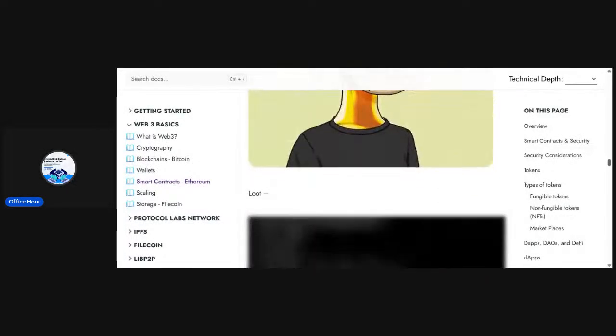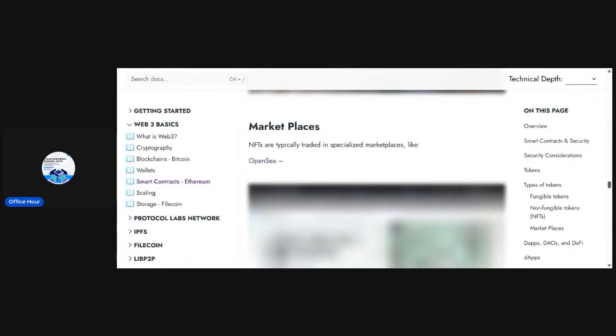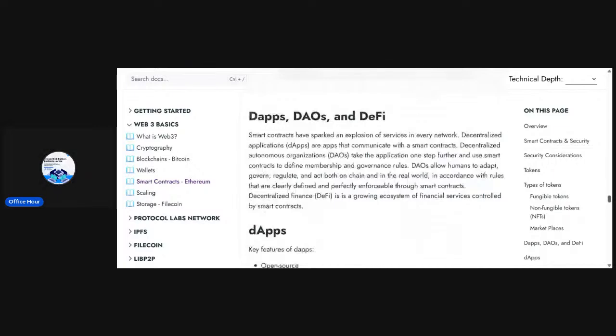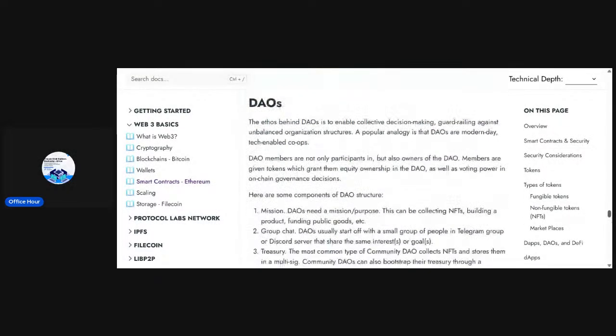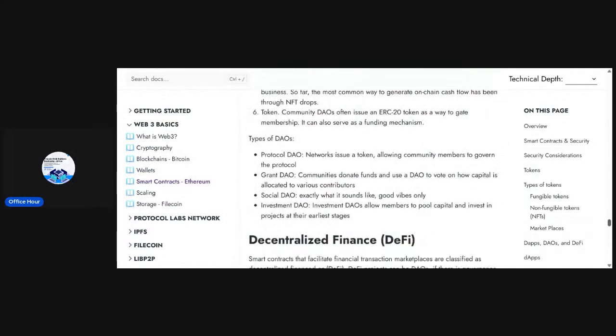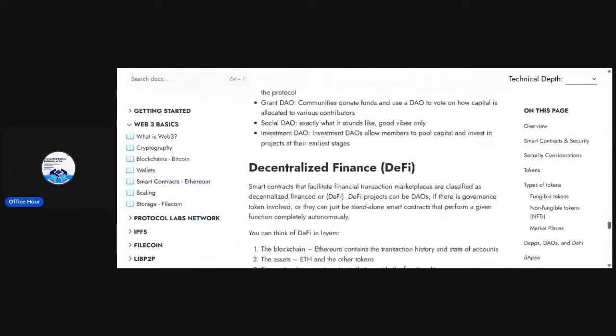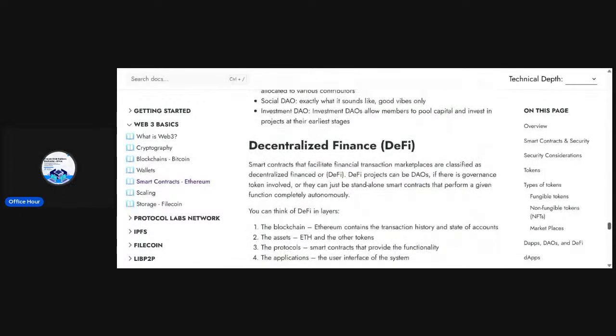So go through this document. It's very rich. It gives you a great start and helps you learn more. It builds your vocabulary in the Web3 space as well. So this is DeFi as well. What's DeFi? Okay, you guys are already good. DeFi projects can be DAOs and many more.